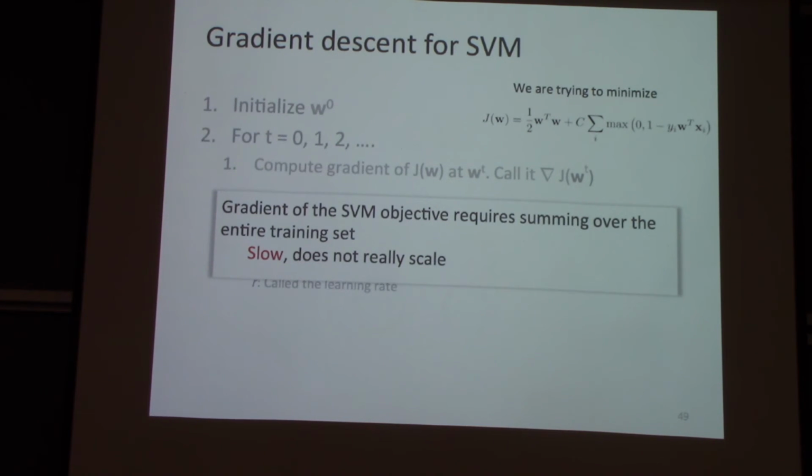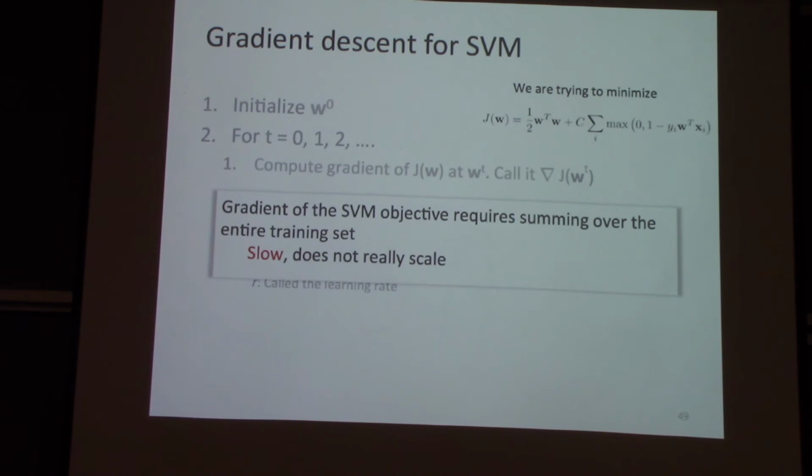But one drawback of this algorithm is that to calculate the gradient, we have to calculate the sum of a lot of functions. Remember the original objective function, J of W. There is a sum there. It's a sum over all examples in the training set. So when you calculate the gradient, for each training data point, you have to calculate the gradient separately and sum them all together.